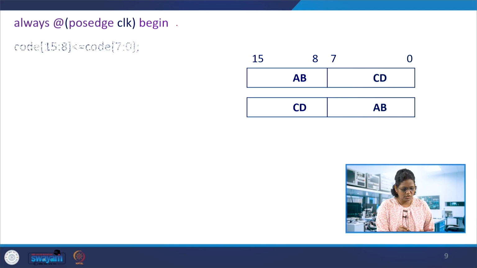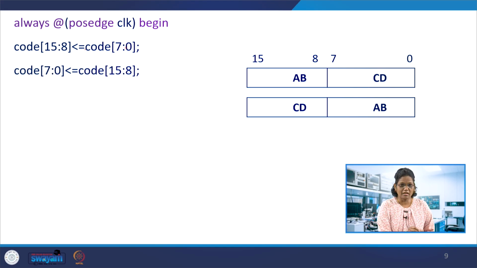Now we simply change this: always at the passage of the clock, begin the main code with 0 to 7 less than or equal to the code at the left hand side 15 to 8, and the right hand side we can just notice with the previous code, it is just 0. The non-blocking assignment is used.